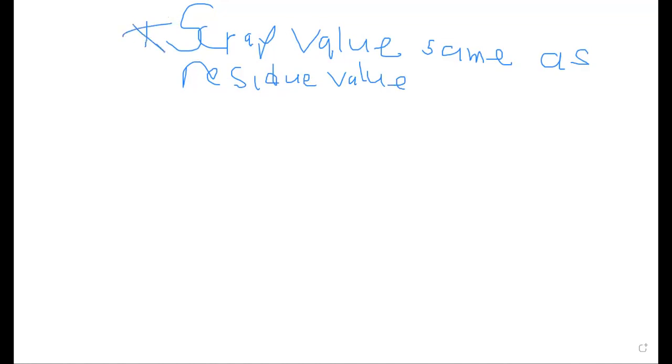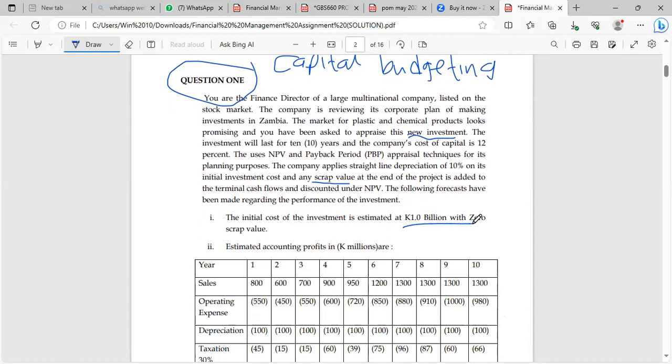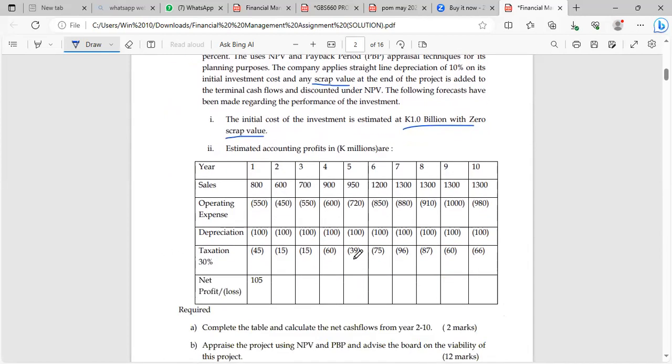Okay, so this is what we've been given. The following forecasts have been made regarding the performance of the investment. The initial cost is 1 billion with a zero scrap value. These are the estimated accounting profits in millions of kwacha. So meaning that they are just subtracting to get those accounting profits.